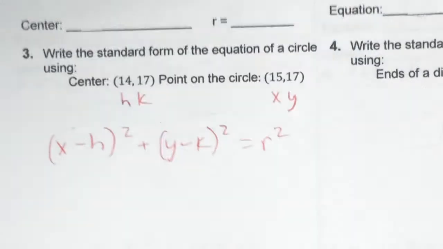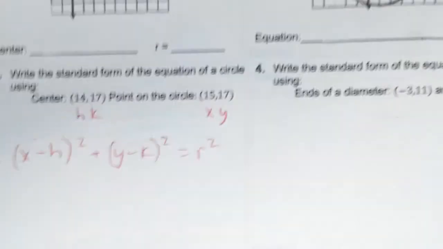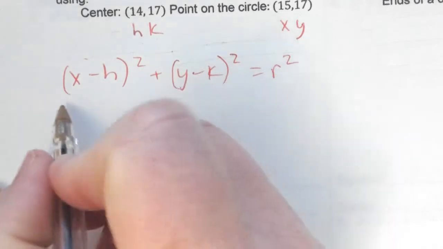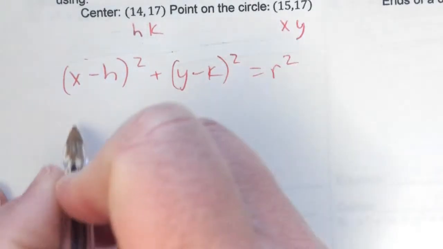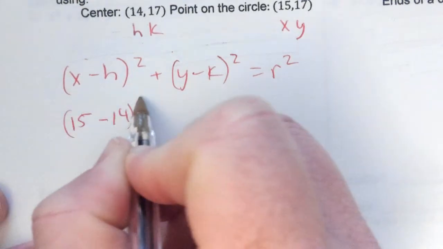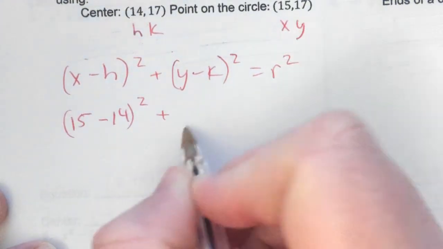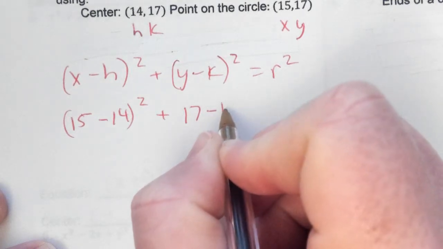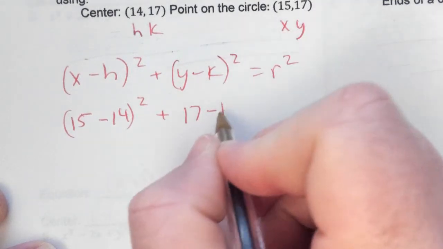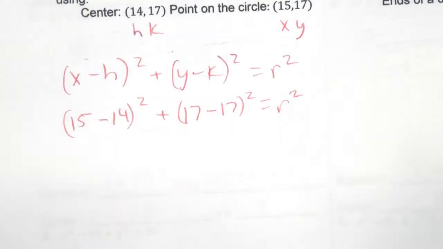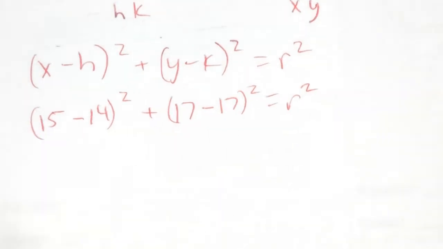So we have your x, which was 15, minus your 14, squared, plus your y, which is 17, minus 17, equals r squared. Now what I suggest is in your calculator you can write all of that in one shot.